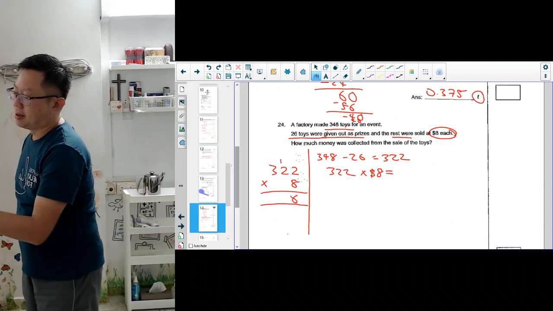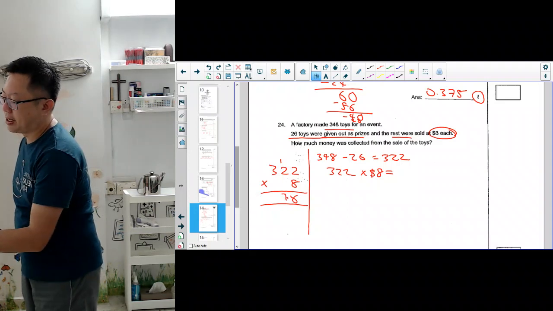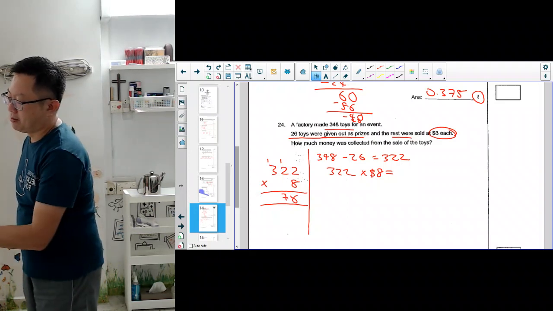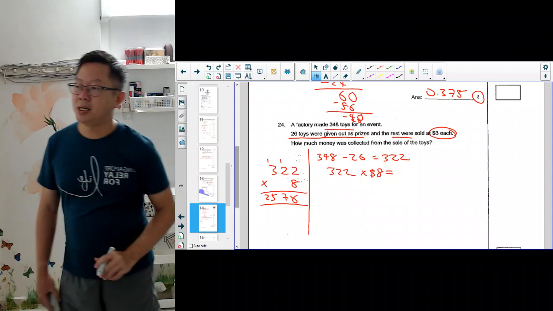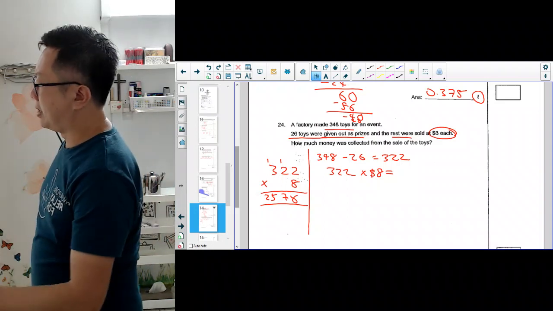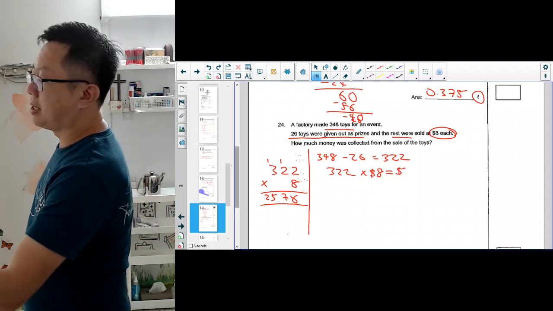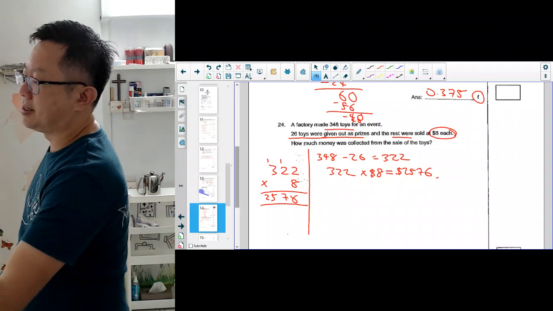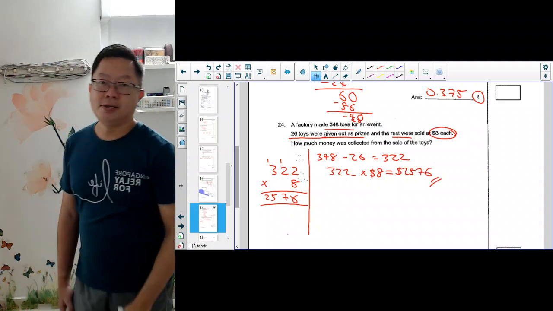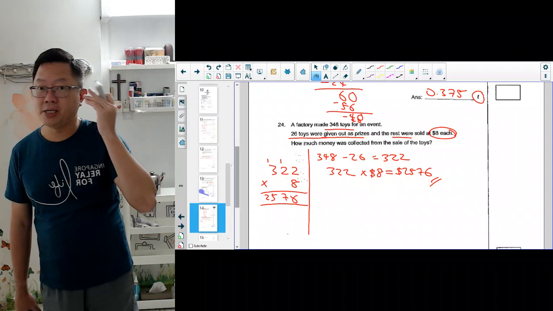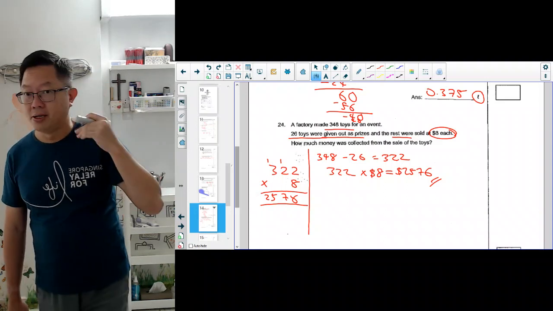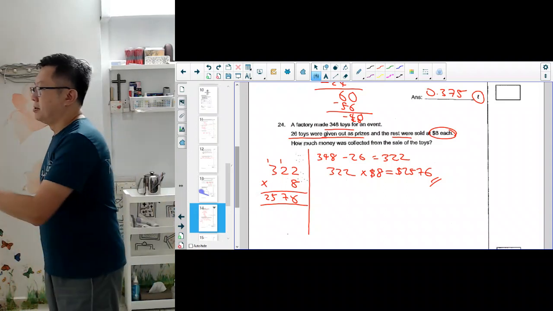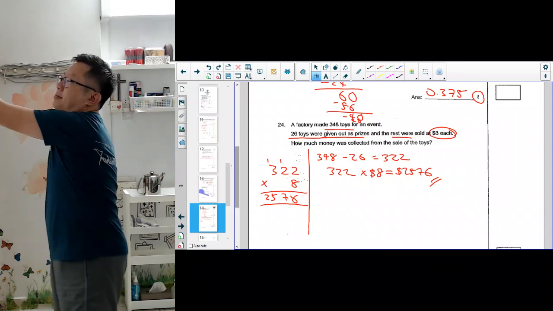Carry 1. 2 times 8, 16. Then plus 1, you get 17. 3 times 8, 24. And then plus 1. So how much money was collected from selling the rest of the toys, which is $2,576. Alright, so not very hard. It tests you on your logical thinking skills. Okay, let's go to question 25. Next one.